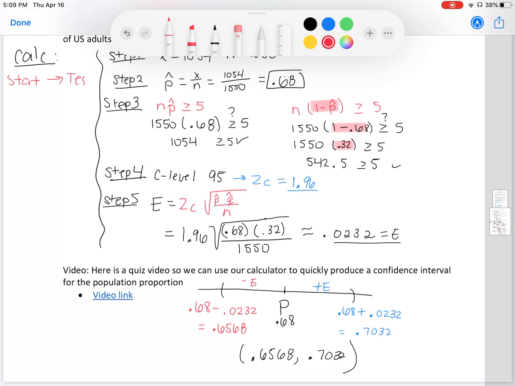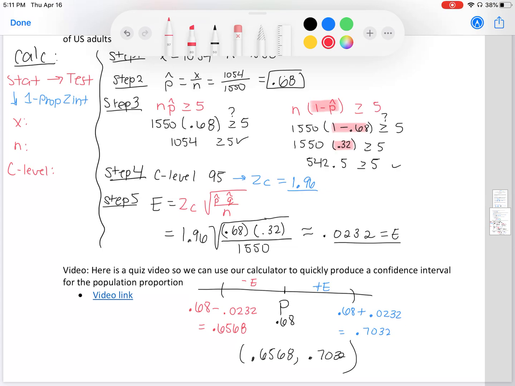Scroll over to Tests, the third option, and then scroll down until you see 1-PropZInt, for one-proportion Z interval. For me, it was option A, so I had to scroll a bit. From there, you're going to enter three pieces of information: your X, your n, and your confidence level, your C-level, and it'll give you an answer.